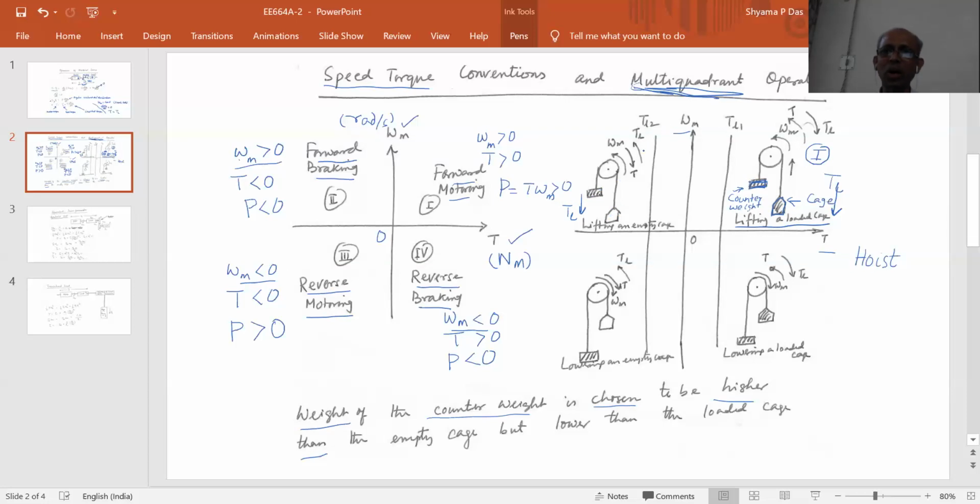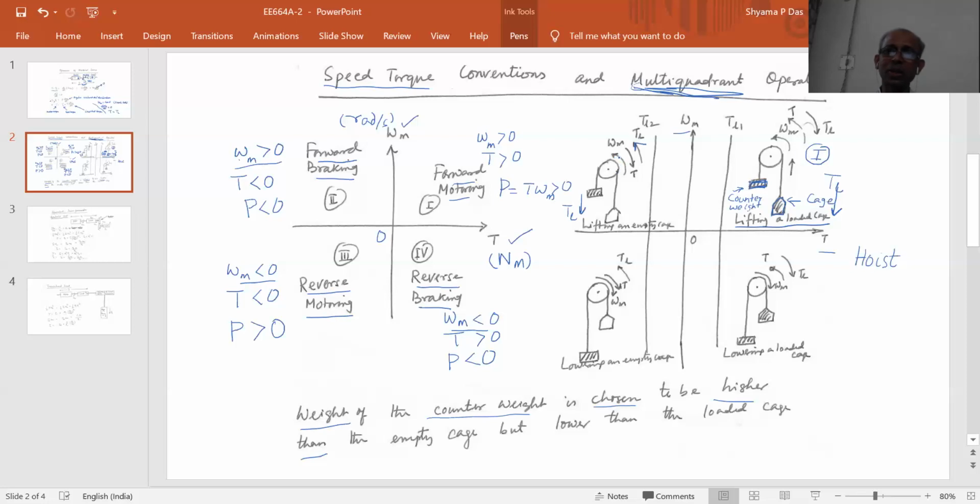So the load torque is trying to drive this pulley in the anti-clockwise direction. So the motor torque has to oppose the load torque. So TL and T are opposite to each other. And since we are lifting an empty cage, the speed has to be in the anti-clockwise direction.